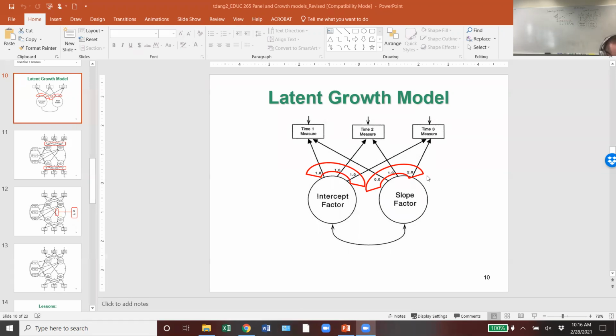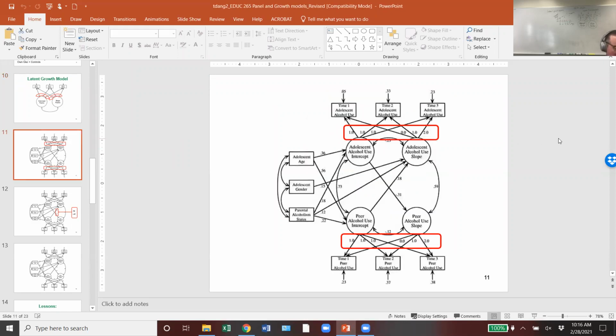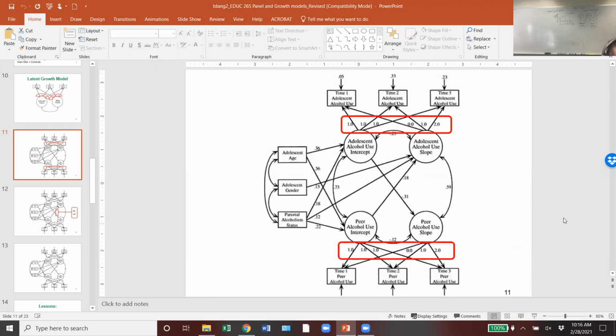But the point here is then to use this and embed it in some kind of fancier model, right? With the multi-level model, we didn't just want to come up with a slope and an intercept for everybody. We wanted to predict those.